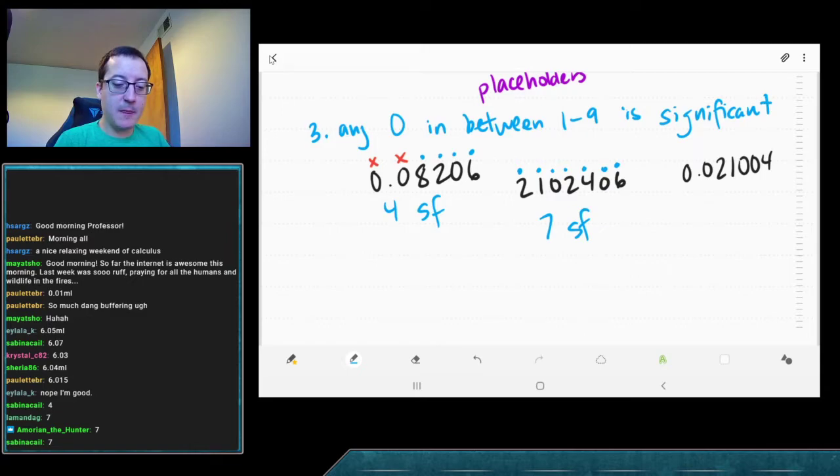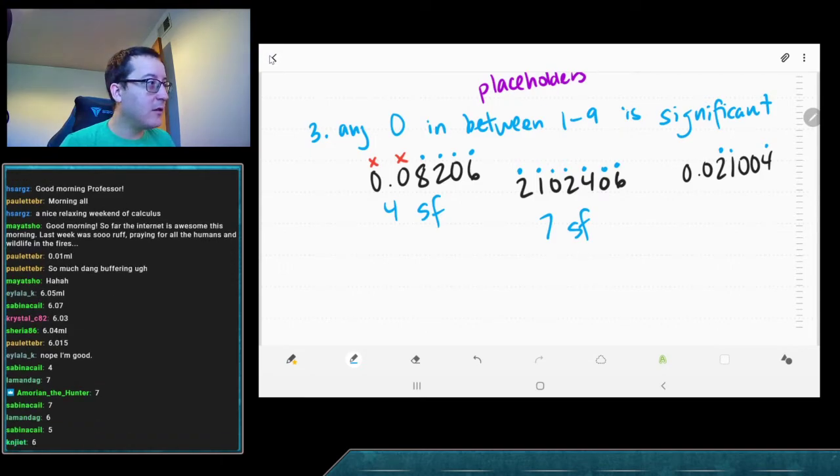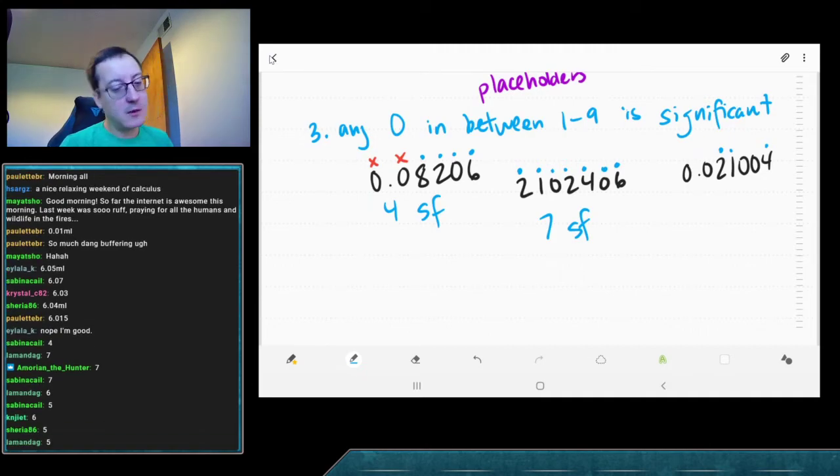Alrighty, and how about the last one? Here's the tricky one here. So, of course, we'd have at least 3, right? Well, we'll see.